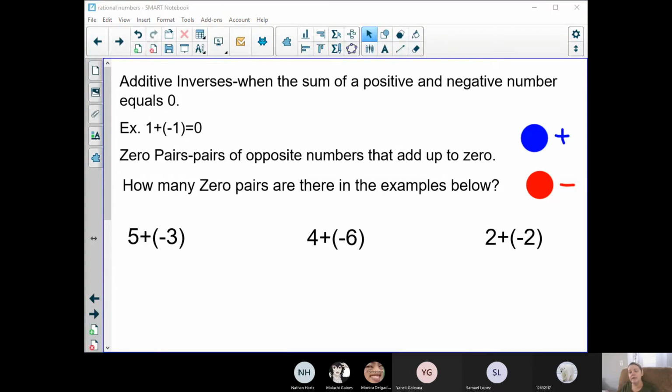So do you think that 3 and -3.5, would those be additive inverses? 3 and -3.5.